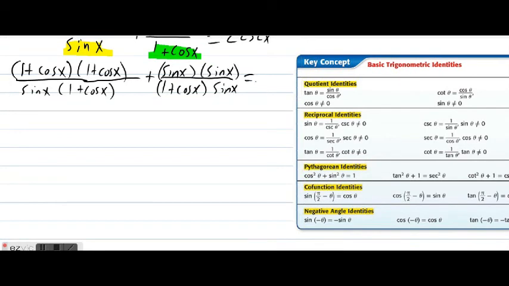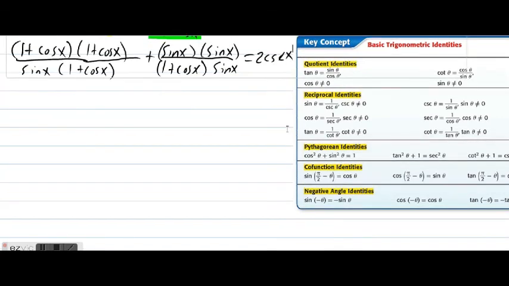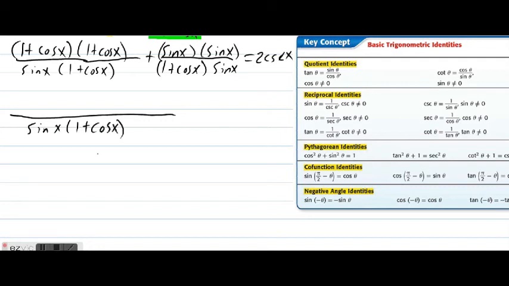Alright, and I'm still trying to get it to equal 2 cosecant of x. Now we have the same denominator, so I'm just going to write one big fraction bar: sine of x times 1 plus cosine of x. Now I could start thinking about distributing, but I don't know if that's going to help me or not, so I'm going to hold off. I don't want to do a bunch of extra work for nothing.